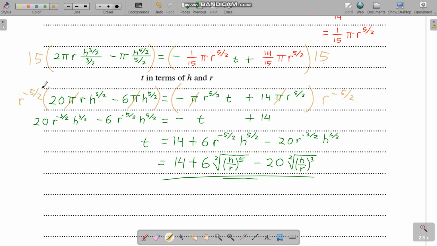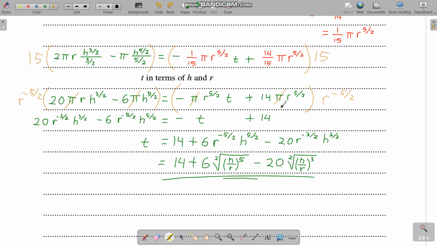That's why we have minus 5/2 plus 1, we have minus 3/2. And when we multiply here, we have r to the power of minus 5/2, h to the power of 5/2. And here when we multiply, we cancel out, we have only t. And here, we cancel out, we have only 14.